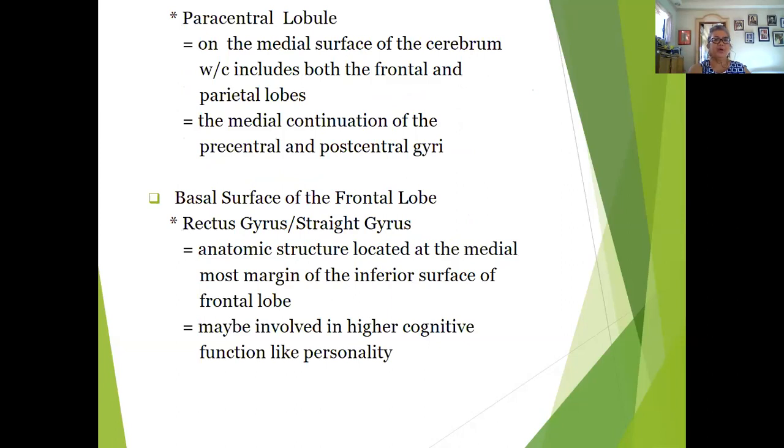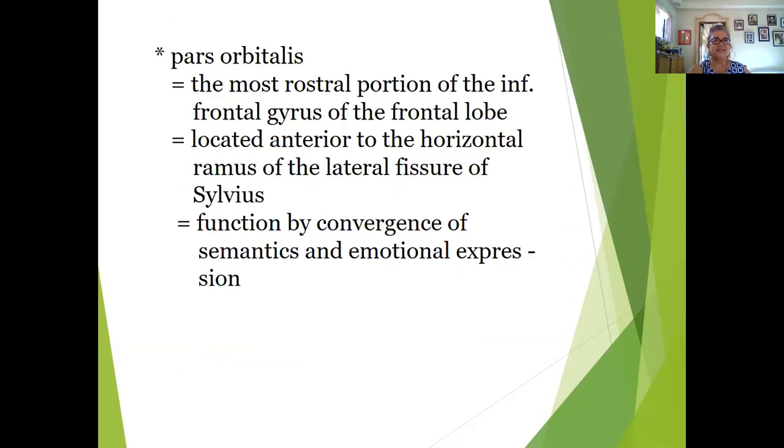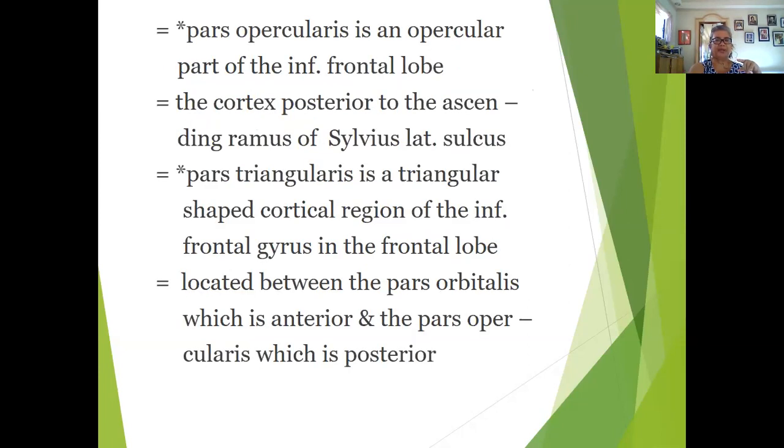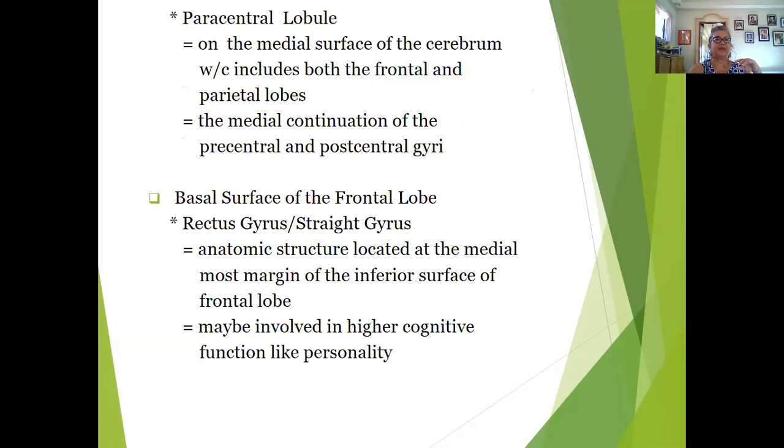Then we go now to the pars orbitalis, the pars opercularis, and the pars triangularis, found on the basal surface of the cerebrum of the inferior frontal lobe, almost reaching the medial part.